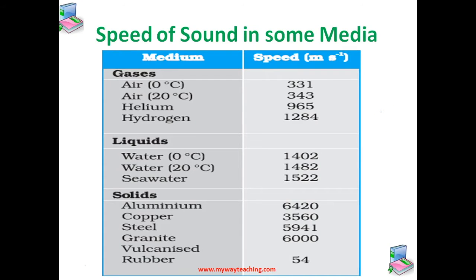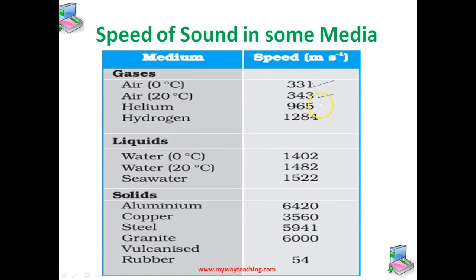and in this table you can see the speed of sound in some of the media. In air it is 331 meter per second. In air at 20 degrees Celsius it is 343 meter per second.